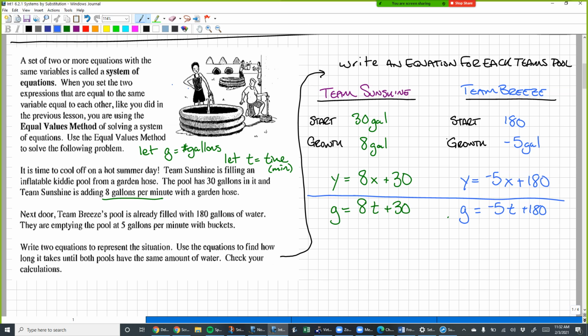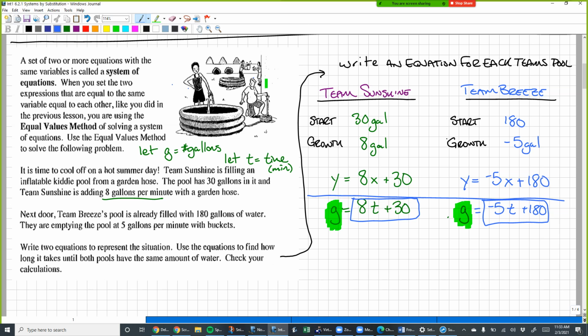Now, we want to find out where these equal each other. So basically I want to find out where the gallons are the same. That's when this is equal to this.